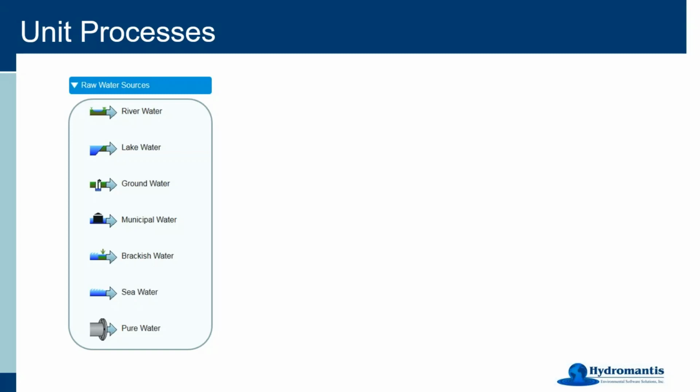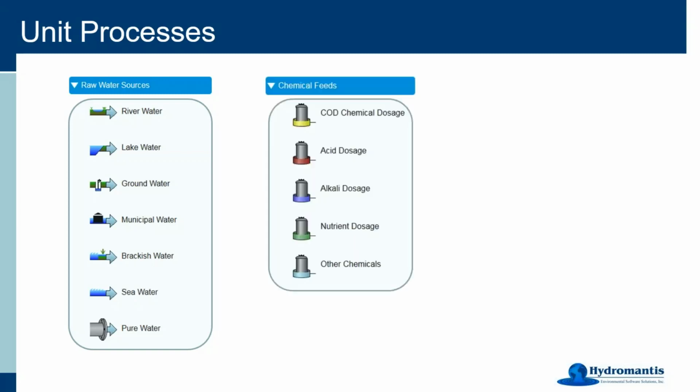They all have the same components, but the components are in different concentrations. For example, if you have brackish water versus seawater, the TDS concentration by default setting is going to be much different. But of course, you can change all these values depending on the specific water that you're dealing with in your system. The other part we talked about is the chemicals that we normally use in water treatment systems.